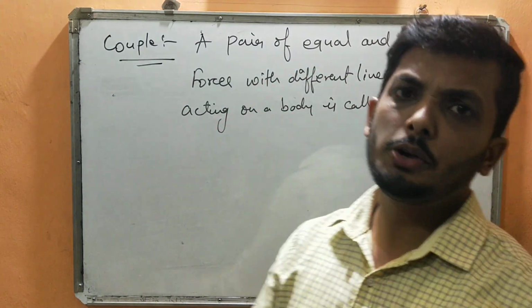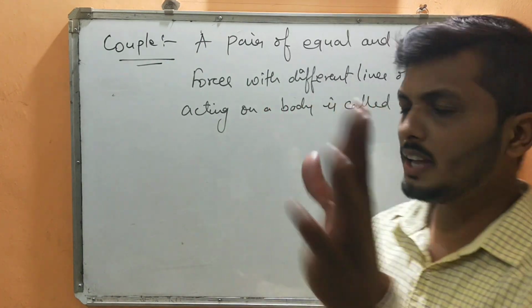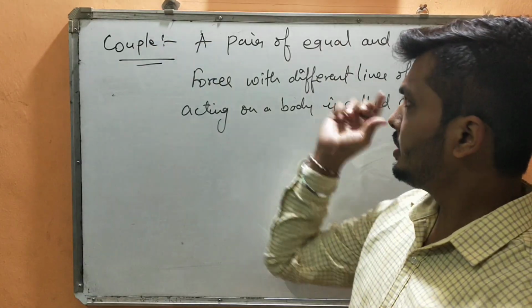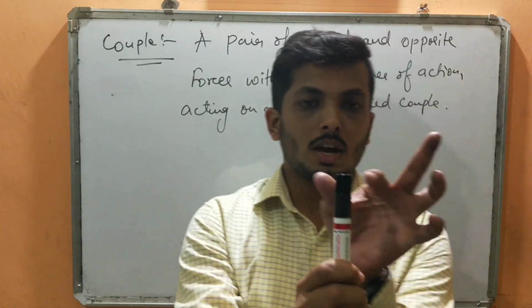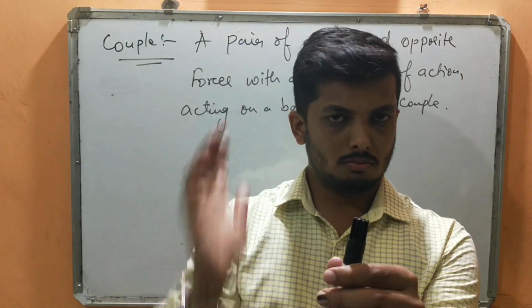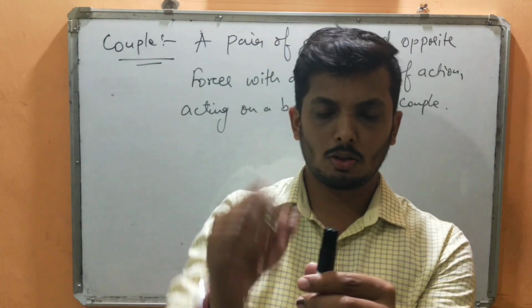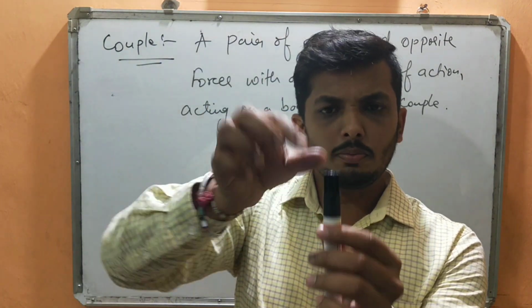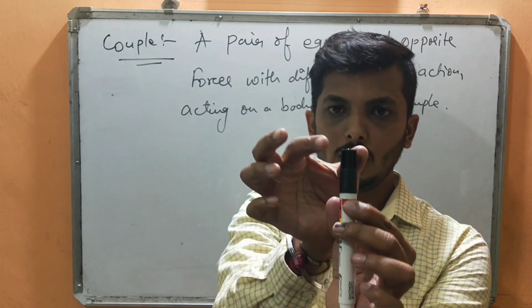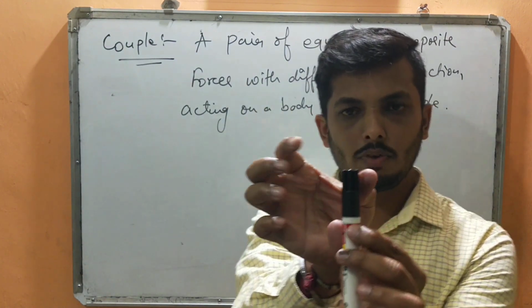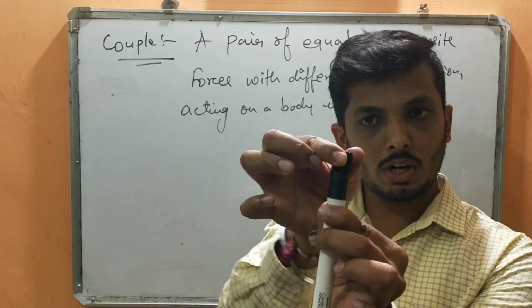Now couple will give rise to rotational motion. Let us apply that definition in your day-to-day life. Like if I want to open this marker, I cannot open the marker just by giving orders. When I need to open this marker, I need to apply force. Now how do I apply the force? I take two fingers, one thumb and one index finger, and I rotate it.